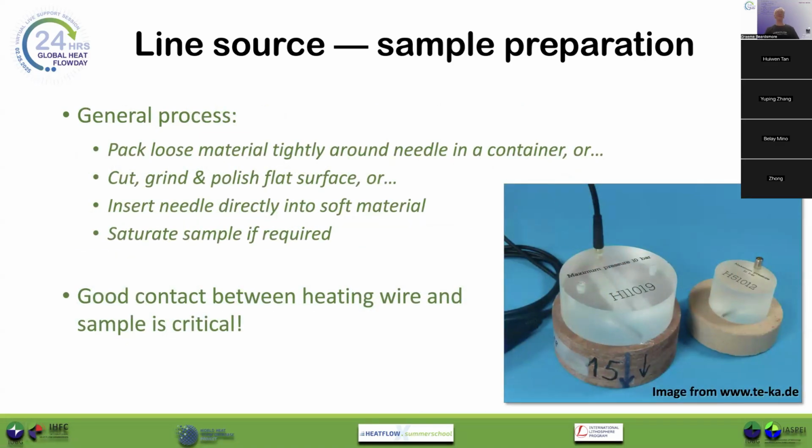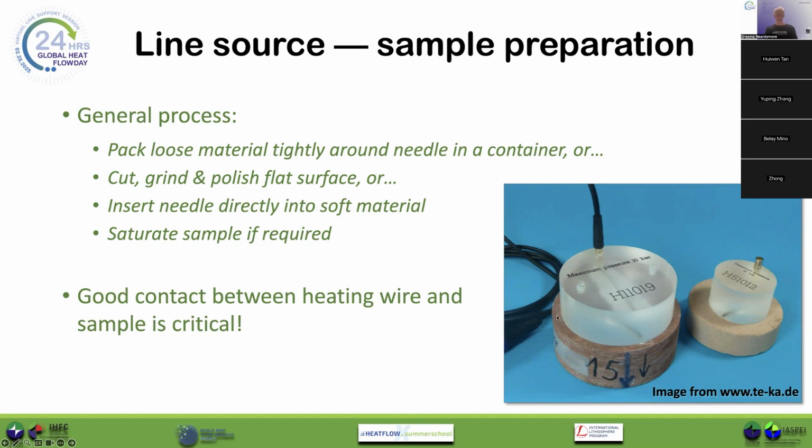So the general process for preparing a sample for a line source measurement is to either pack loose material tightly around a needle, if it's a line source needle, or pack the loose material into a container if it's a half space type measurement.